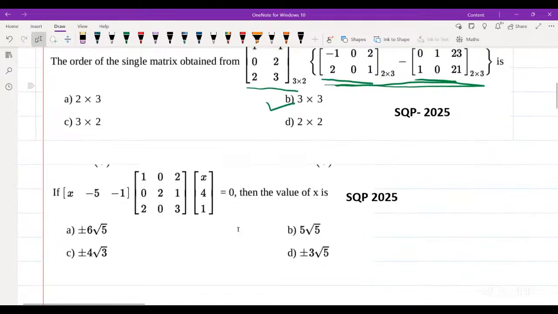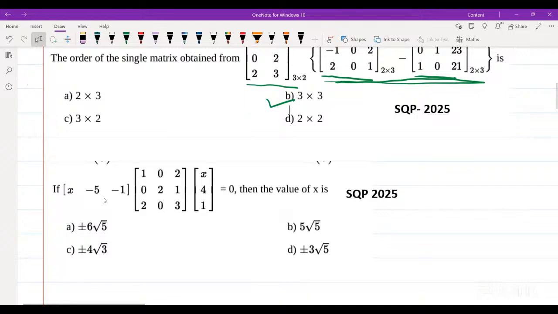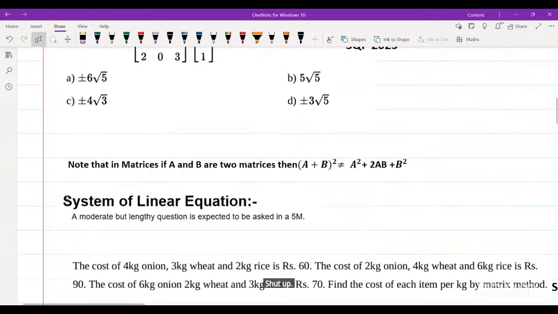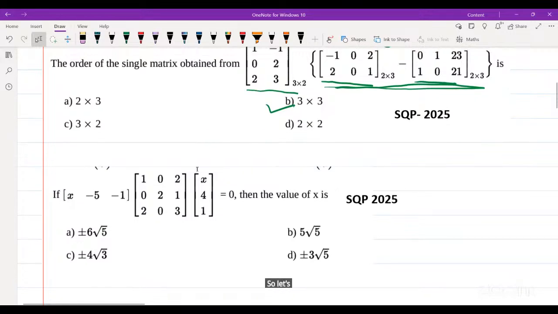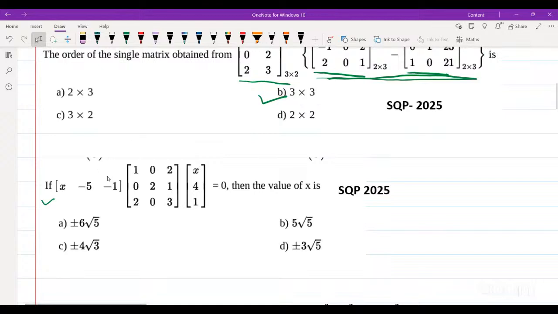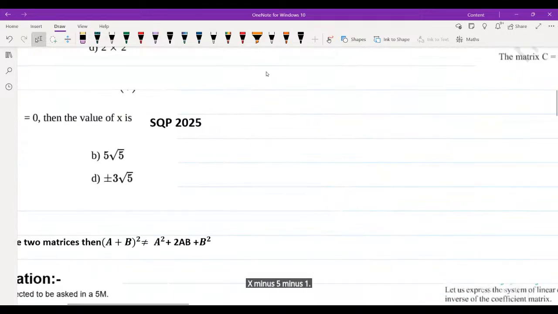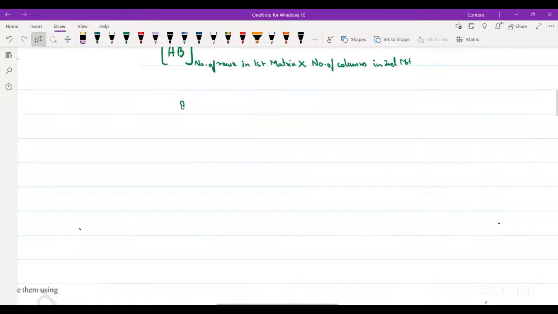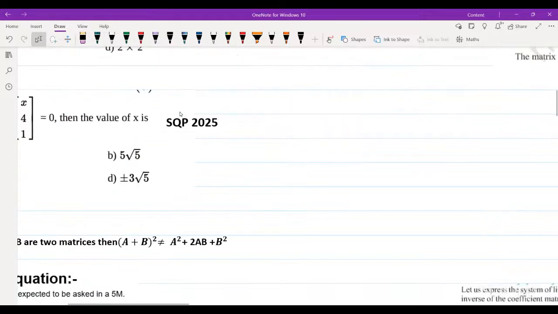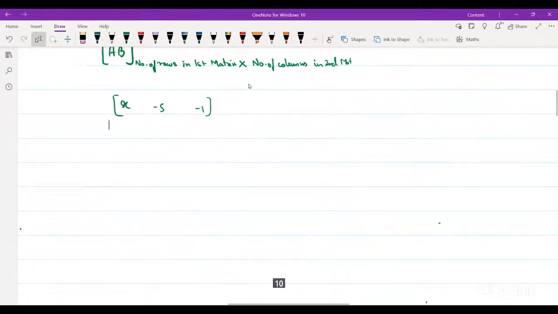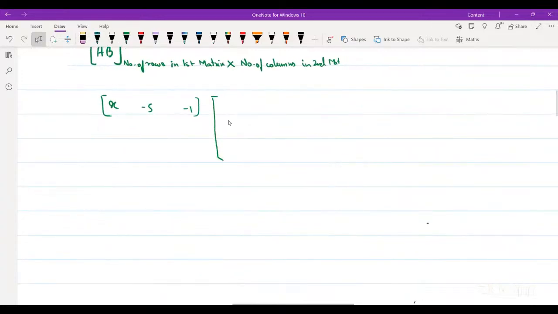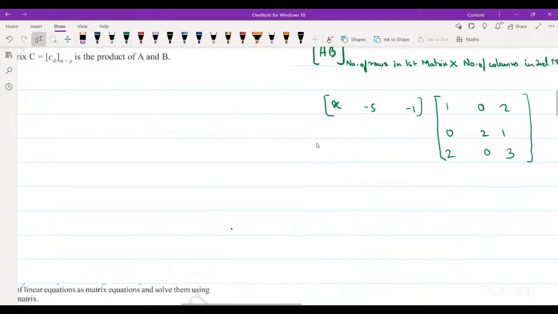Chalo, let's solve this question. X minus 5 minus 1, the matrix 1 0 2, 0 2 1, 2 0 3, and x 4 1.